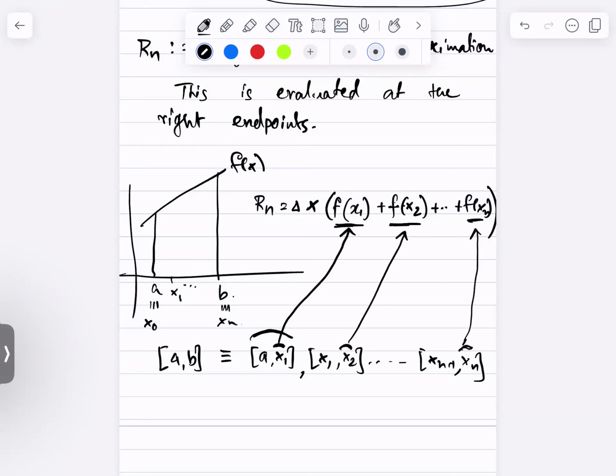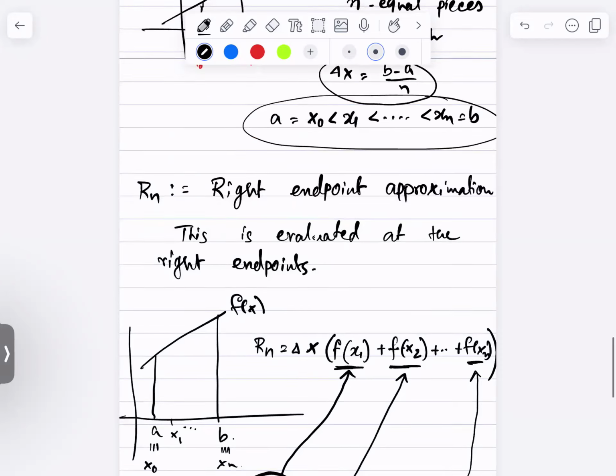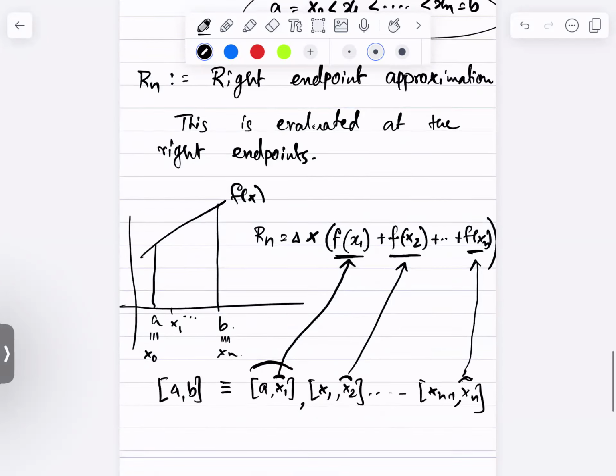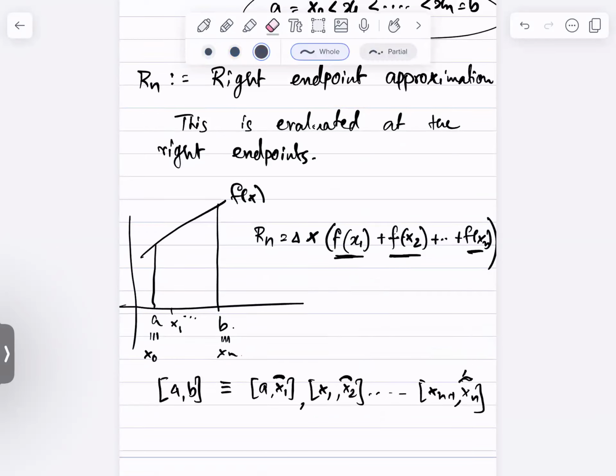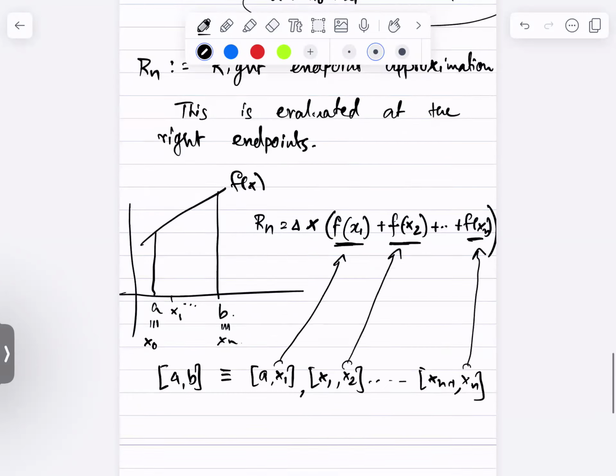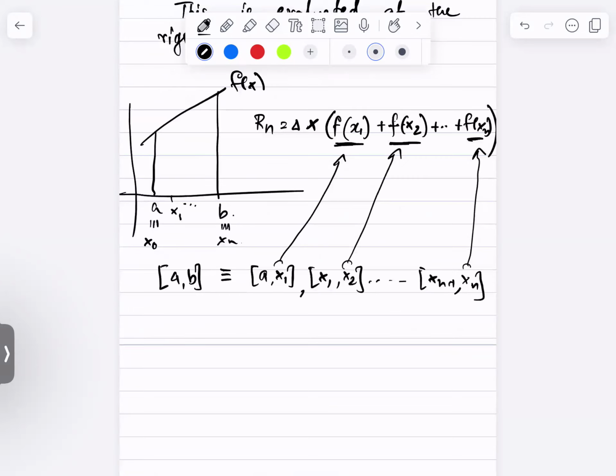So I'm subdividing it into n smaller equal intervals, and then I'm considering all the right endpoints. That's why the right endpoint approximation is the name for this type of approach. Okay, cool. So this is the formula basically.